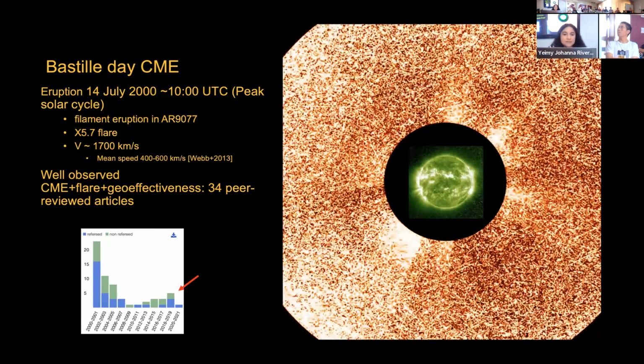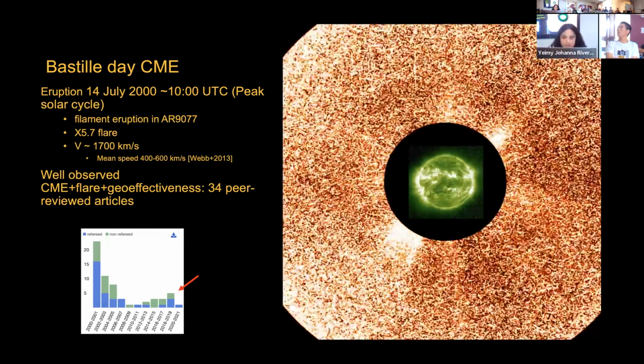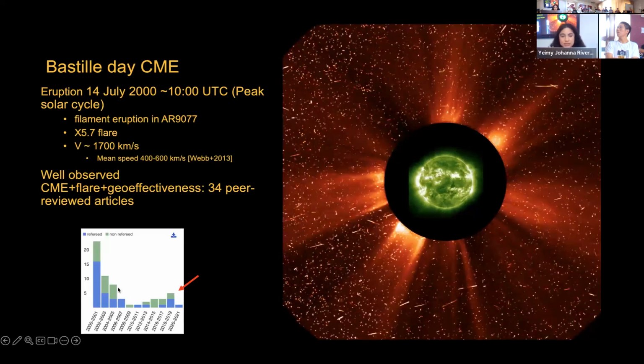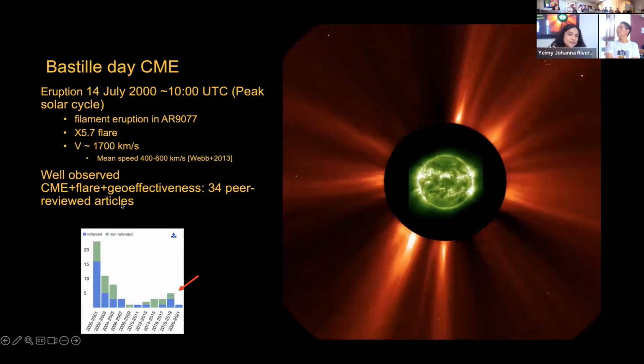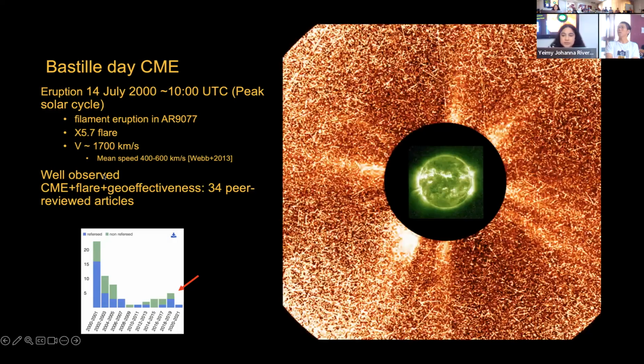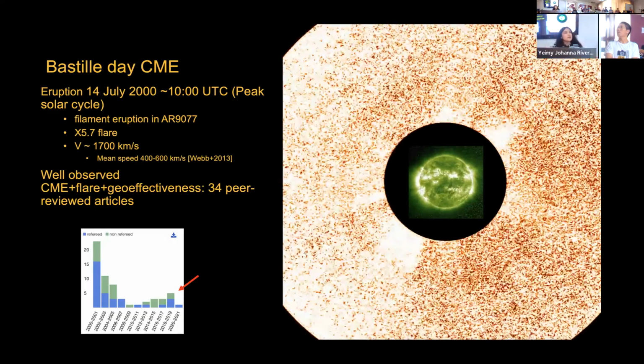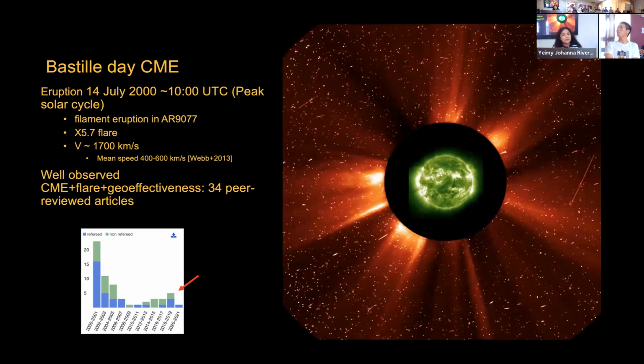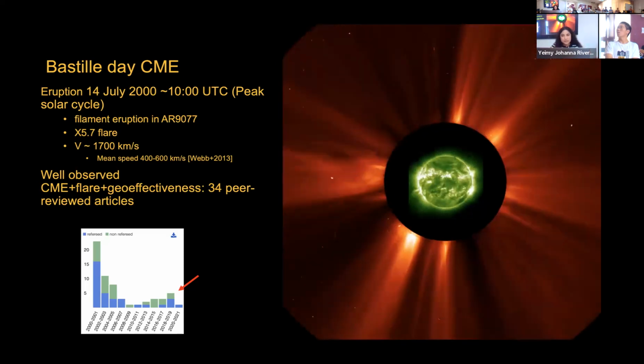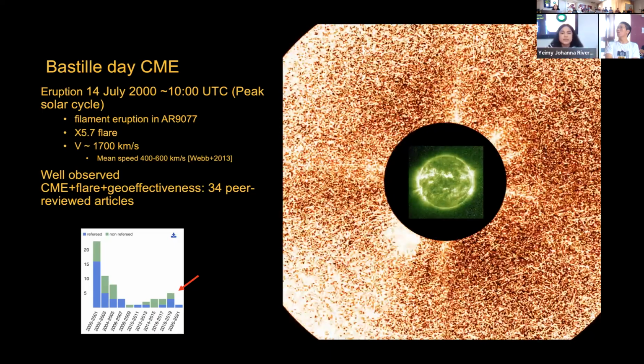So this is a very, very energetic and fast coronal mass ejection. And like I was saying before, this is a very well observed event from the perspective of the CME itself, the flare, its geoeffectiveness, and the disruption of the heliosphere.